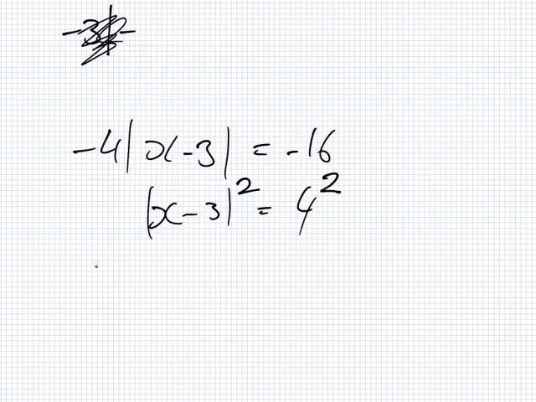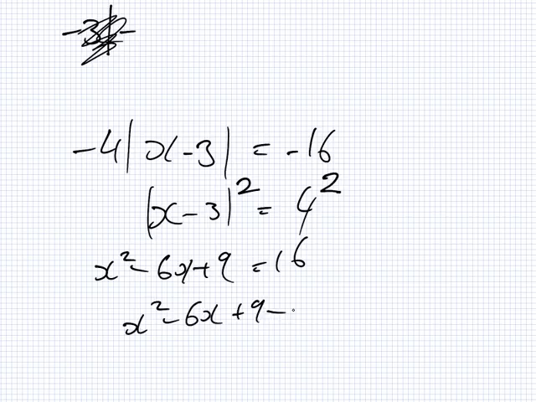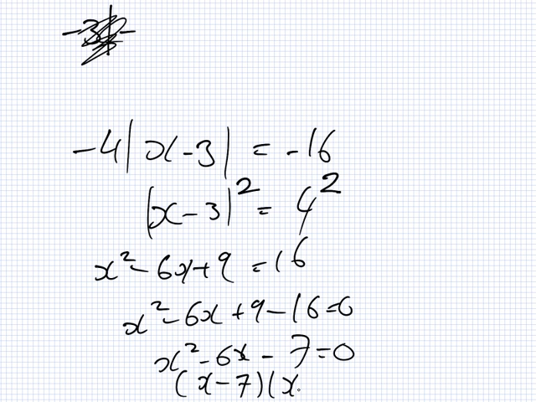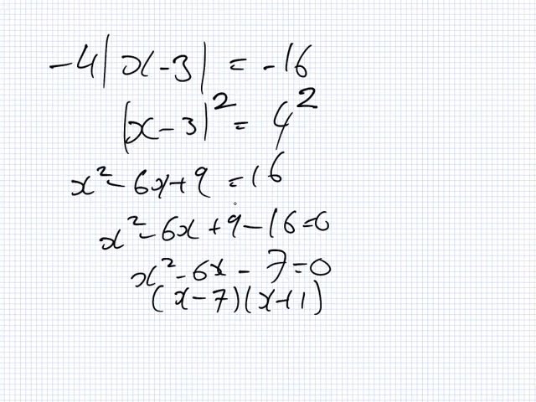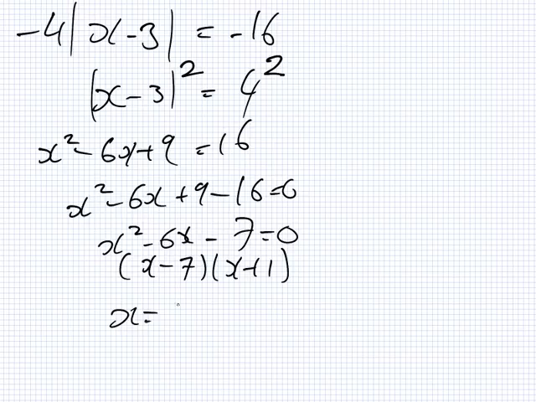So we get x squared minus 6x plus 9 equals 16. X squared minus 6x plus 9 minus 16. That's x squared minus 6x minus 7, isn't it? And the roots are minus 1 and plus 7. So the answer is x equals 7 or minus 1.